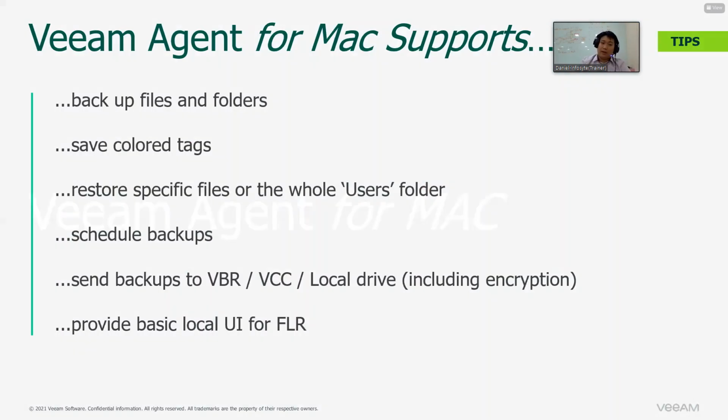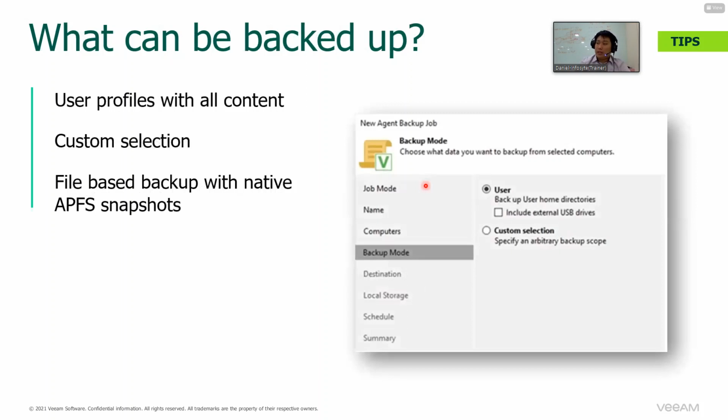Okay. So Mac machines, you can see here, we can back up user accounts, data, or if you have some custom selection. For example, you have some special folder that comes with the data that you need, you can also select it using custom selection if you want to.